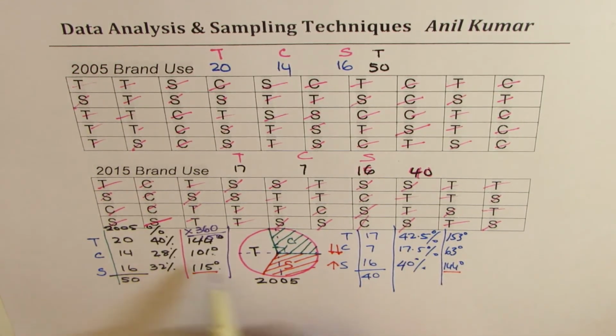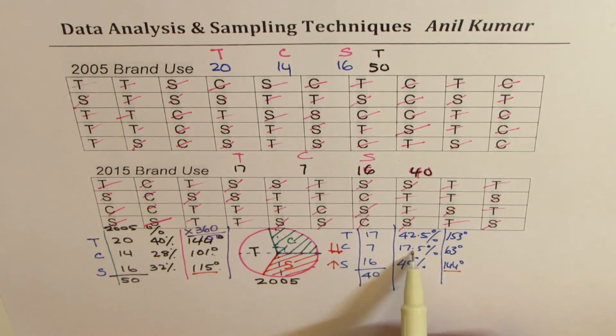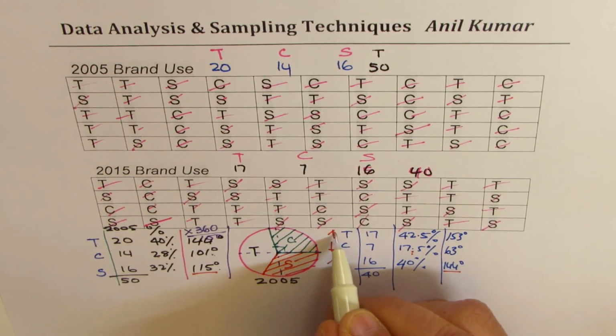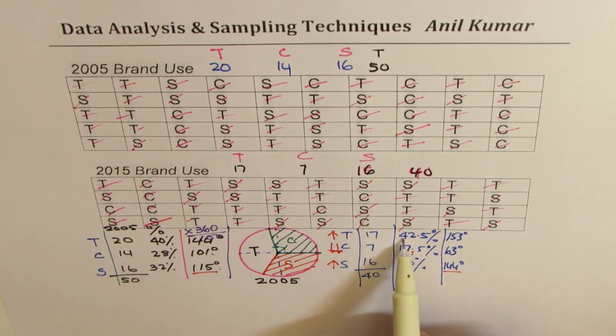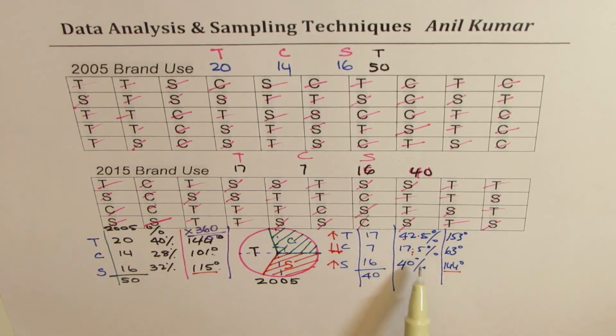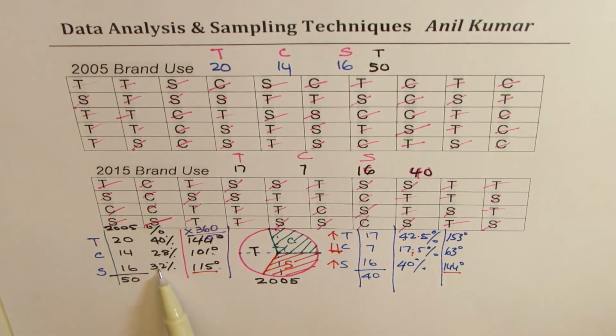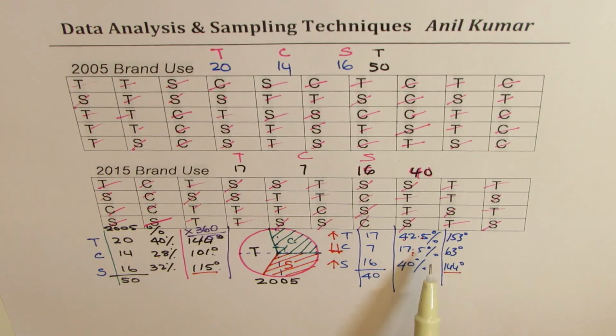Do you understand? 28 to 17.5%. Huge drop. And there's a minor gain for the brand T, which gains from 40% share to 42%, right? So an 8% gain for S, a 2.5% gain for T, and a drop for C, right? So the market share for C has decreased in these 10 years.